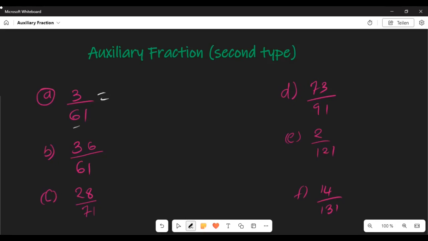So we're going to demote 61. We take 61 minus 1, so this is going to be 3 over 61 minus 1. And also for 3, we subtract 1. So we subtract 1 from all sides, and now we have 2 over 60.